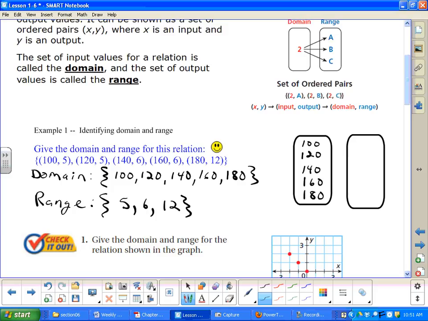Okay? We would list the domain on the left side, and we would only list 5, 6, and 12 over here. We would just say that these two both map to the 5, these two both map to the 6, and that one maps to the 12. So we still only list them one time, just like we did here in this map.